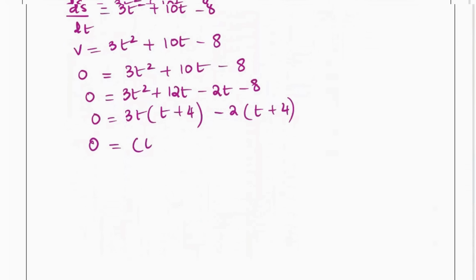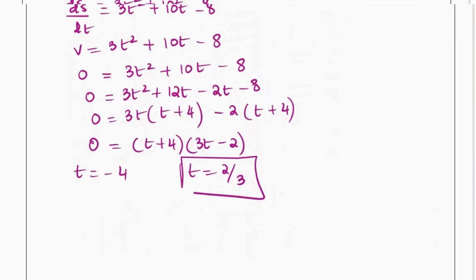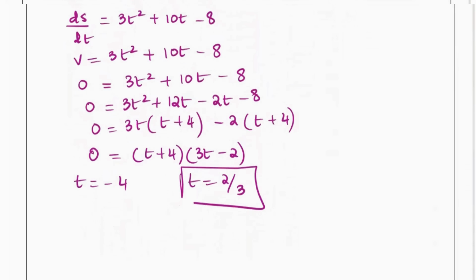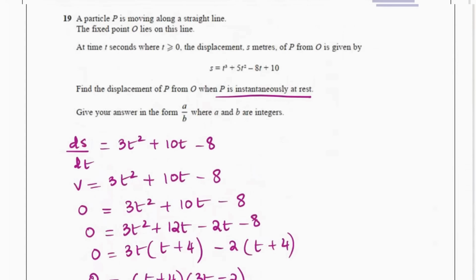So now t plus 4 times 3t minus 2, t equals negative 4 and t equals 2 over 3. Obviously, we cannot take t equals negative 4 because time cannot be negative. So t is 2 over 3. We have to find the displacement of P from O when P is instantaneously at rest, and they said that t has to be greater than or equal to 0. So once again, because of that, negative 4 is also negated.